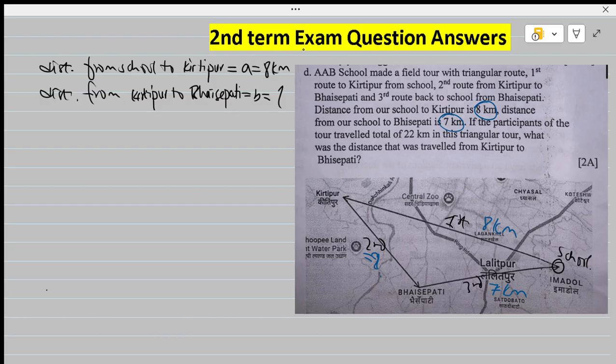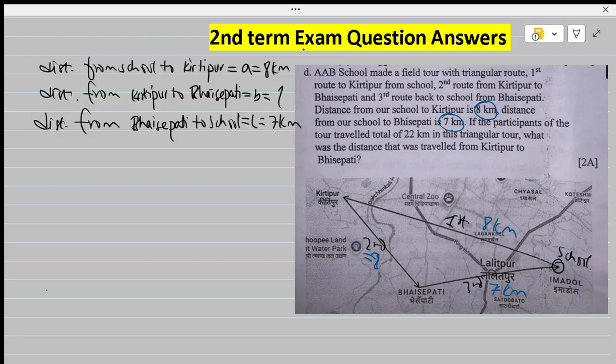And then distance from Vaisipati to school, this we suppose as C, and it's given as 7 kilometers.